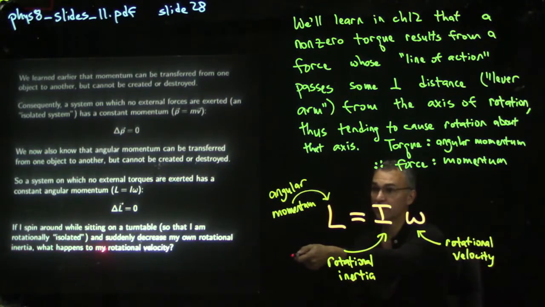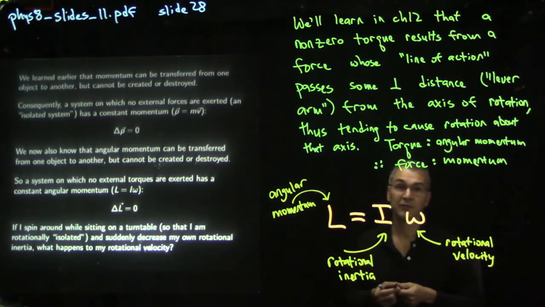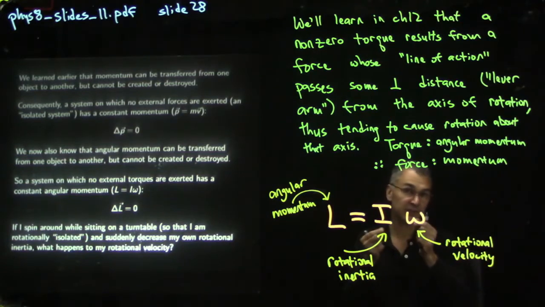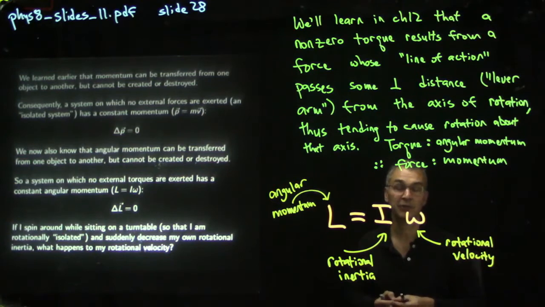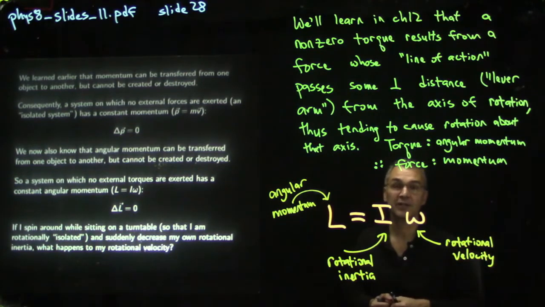If I spin around while sitting on a turntable, I am rotationally isolated, and you can imagine what mechanisms would cause me to change my angular momentum. The two mechanisms that you'll see in the clip are the friction in the wheel bearings for the turntable, which we've contrived to make pretty small, but it's not zero, and the push that I give myself when I reach out and touch the lab bench to get myself going.